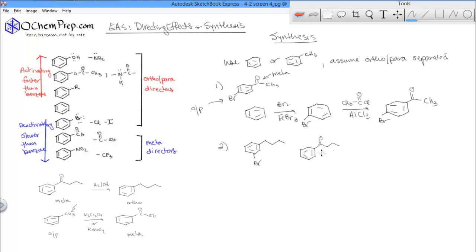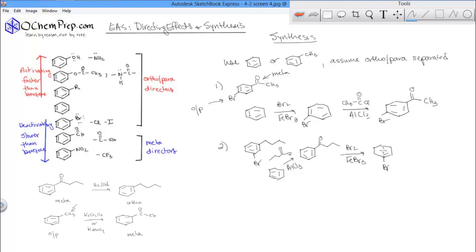So the way to do that is to take your benzene and then treat it just like we did up here with our butyl acyl group. And then you're going to add the bromine, because this is a meta director.